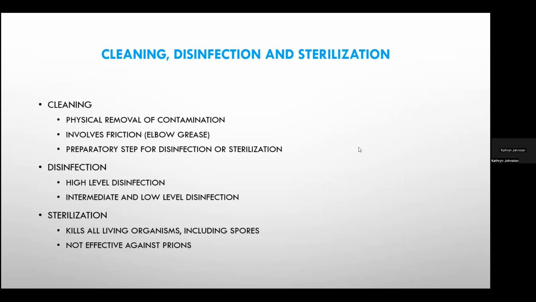And those are typically quaternary ammonium compounds that remove vegetative bacteria and viruses. Low-level disinfection is generally used for environmental cleaning, and intermediate level and high-level disinfection is used for items that are used in the healthcare setting.